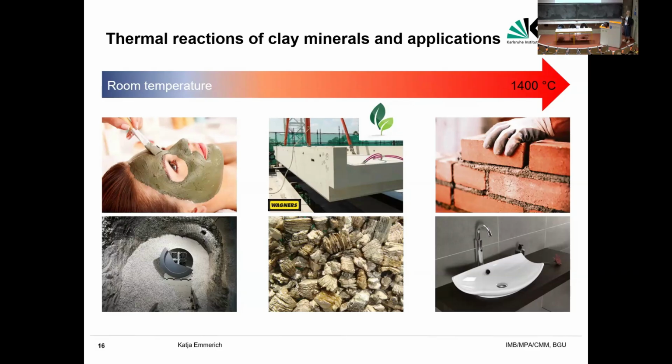And at the bottom you see also a vermiculite that was heated up to the dehydroxylation temperature, and this material can be used either as insulation material, or it also can be used in soil science if you want to perform plant growing experiments and you want to study microorganisms. You need a soil that has no initial microorganisms inside, and then you can use this heated vermiculite as a soil replacement for your plant growing experiments.